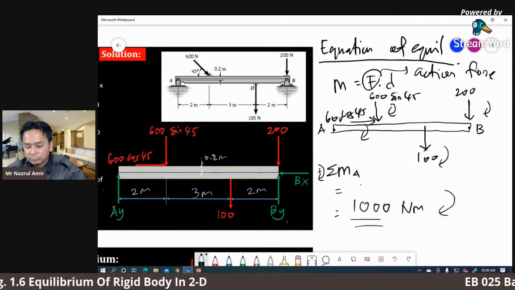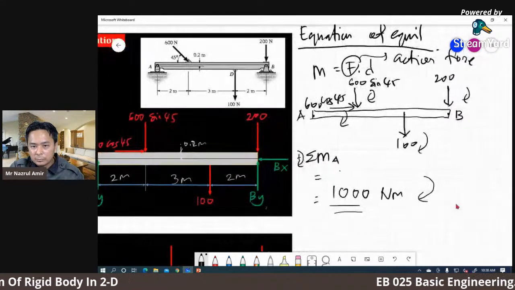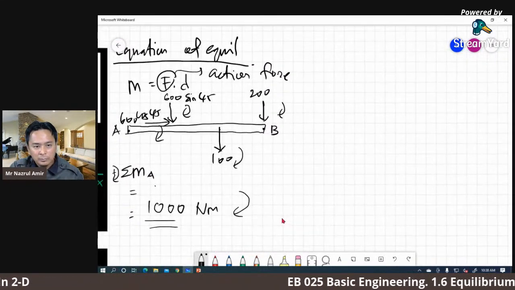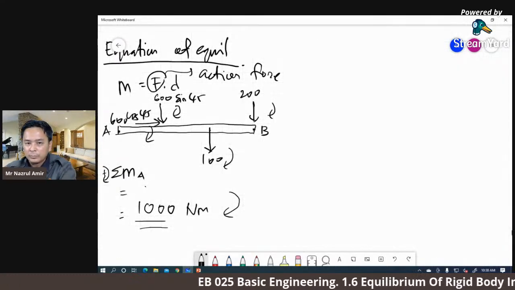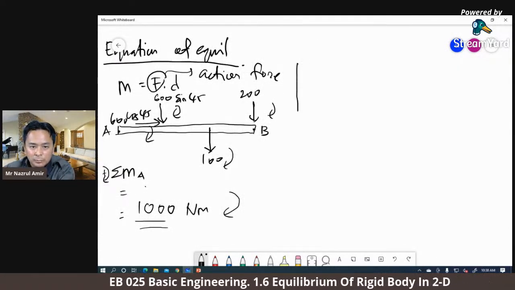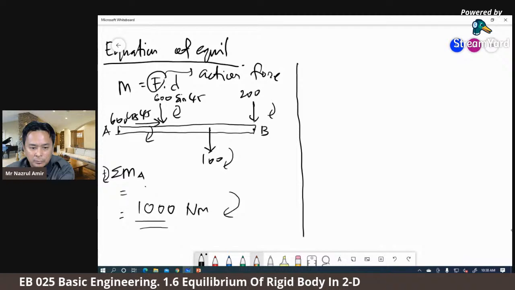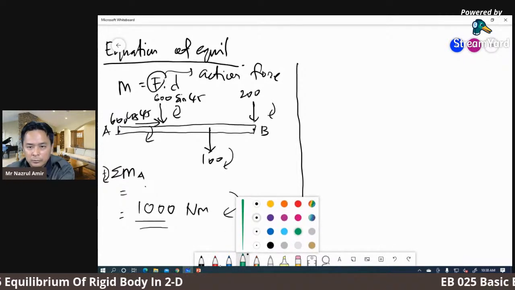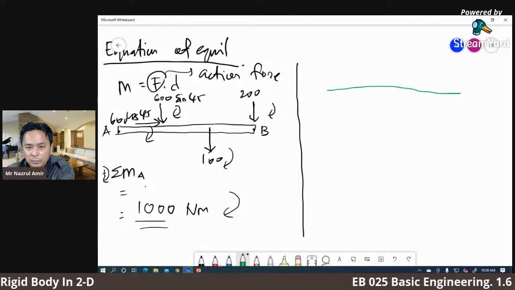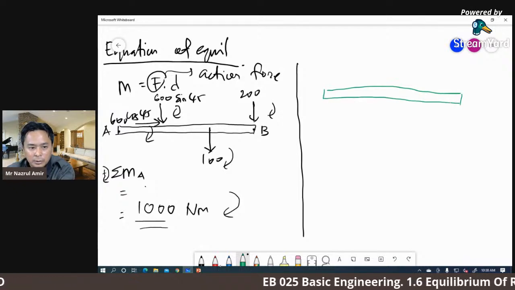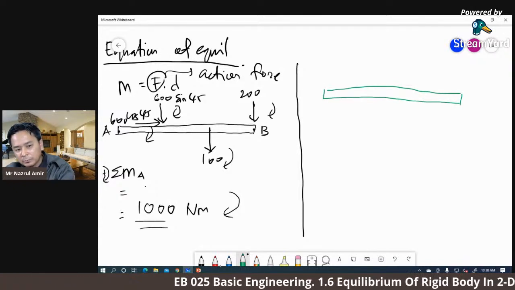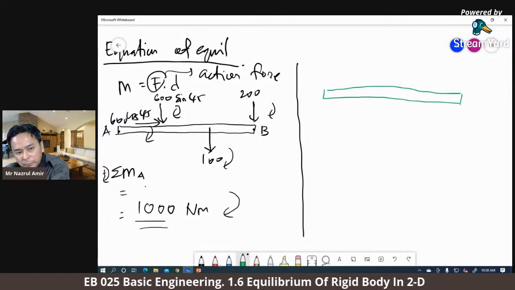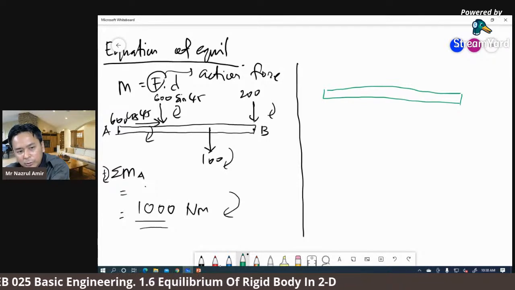So what happens in the body if it is acted on by this amount of moment at point A?